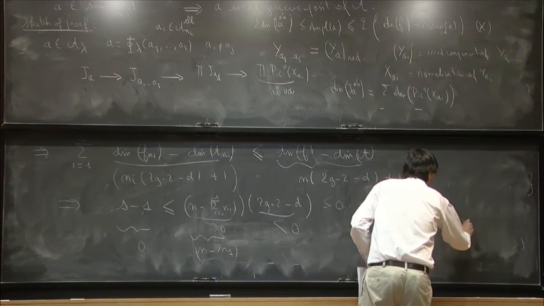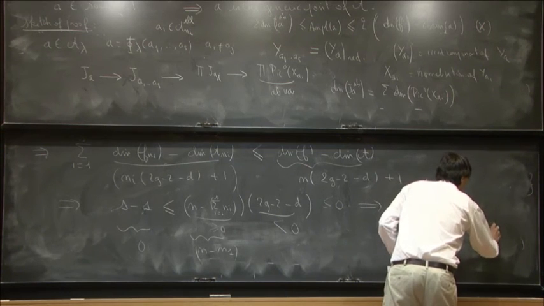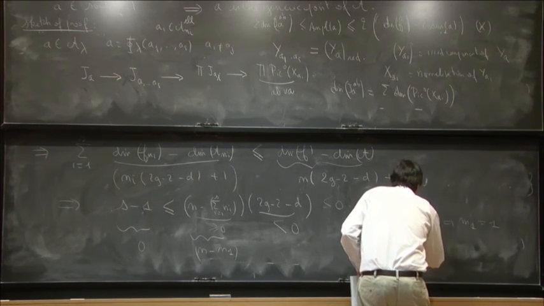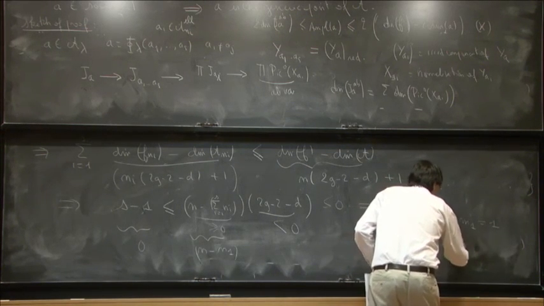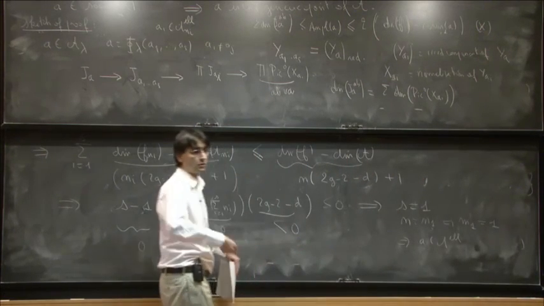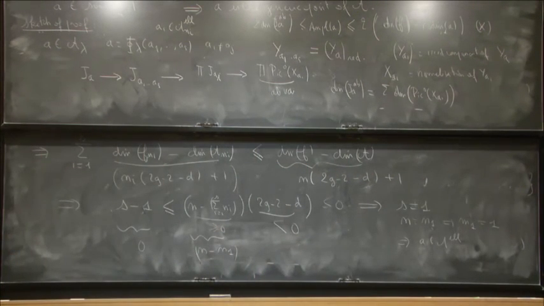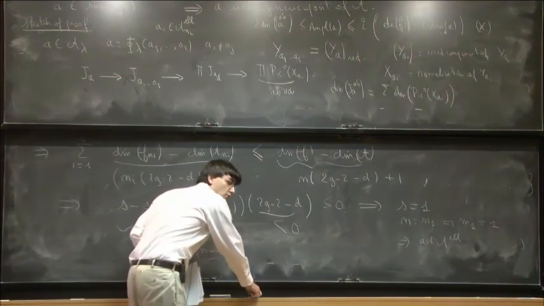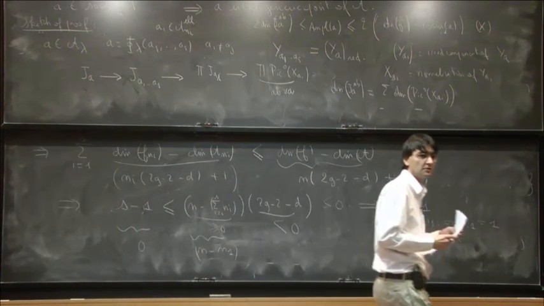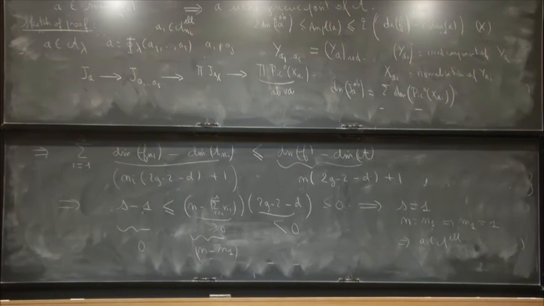That is, the multiplicity must be 1. But this means that A belongs to the elliptic set. And we are in the so-called Biot theorem. We know that this is a generic point. So this concludes the proof of the support theorem for the whole Hitchin fibration when the degree d is bigger than 2g minus 2.